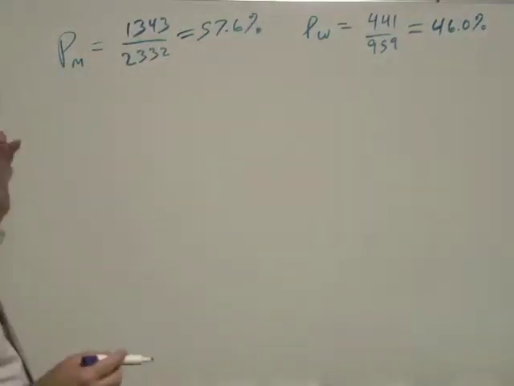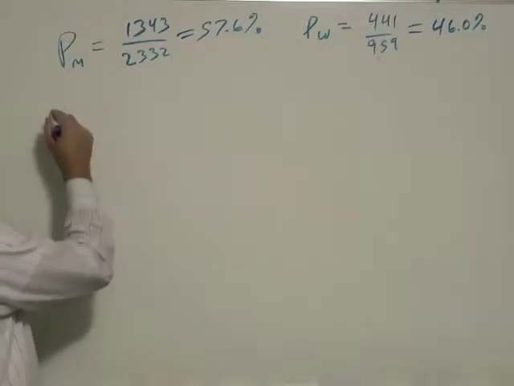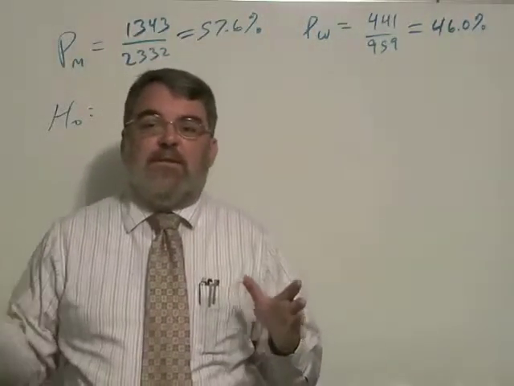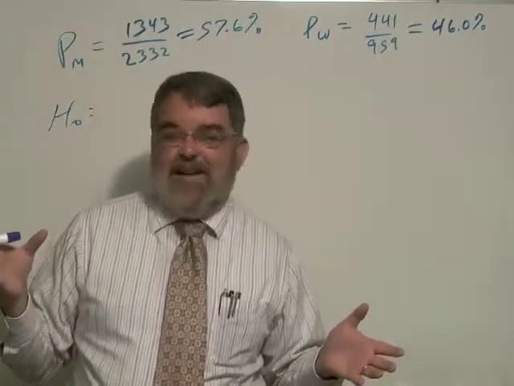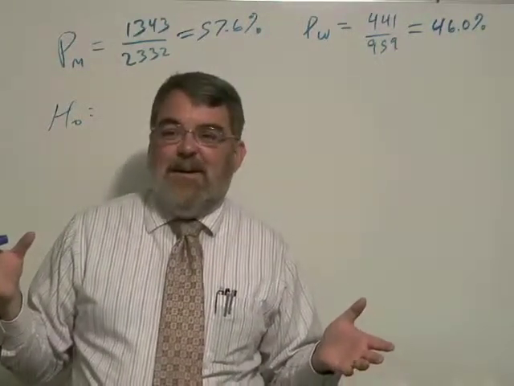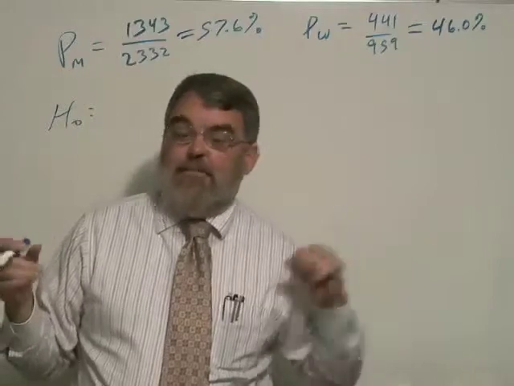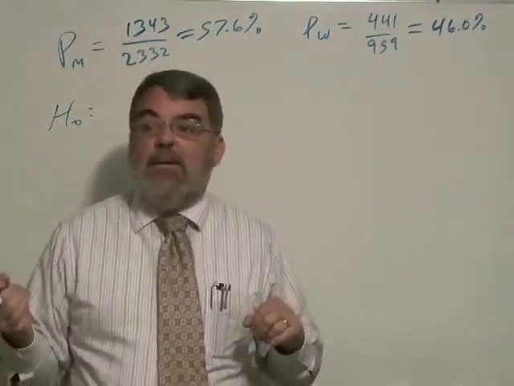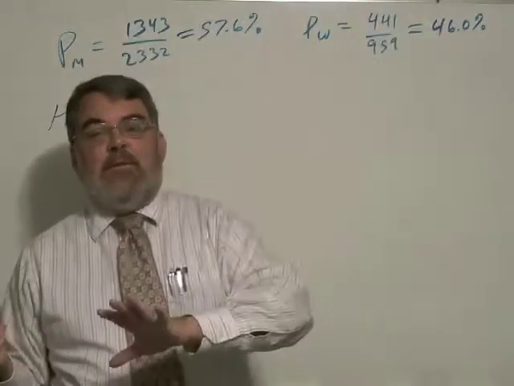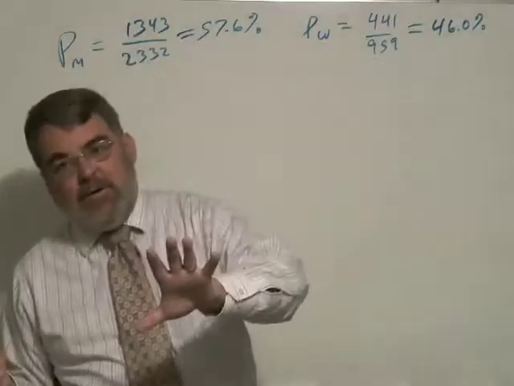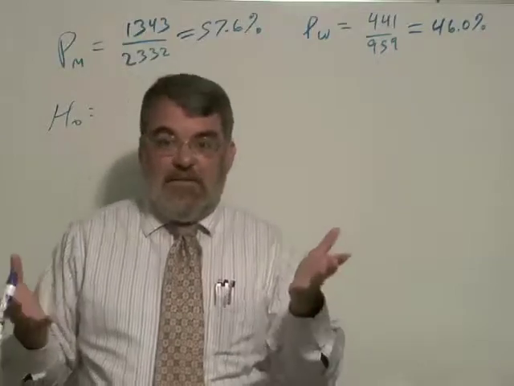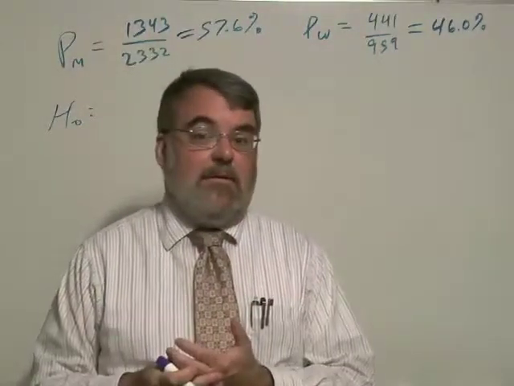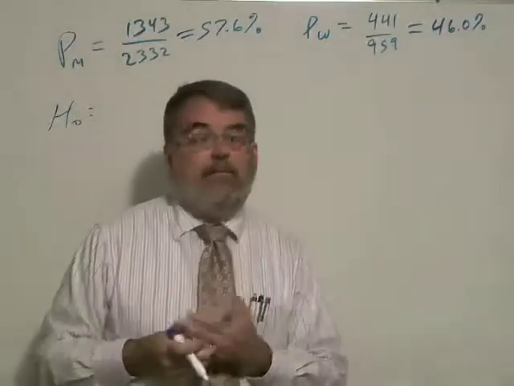So let's construct our hypothesis test. The null hypothesis, you see, we're testing to see if there's a difference between men and women in the graduation rates. And the sample sure seems to indicate it, but we're testing it statistically. Remember the last problem, yes, summer classes scored higher than winter class. That summer class scored higher than the winter class, but when we tested the difference, it wasn't a big enough difference to make a statistical conclusion that they were different.